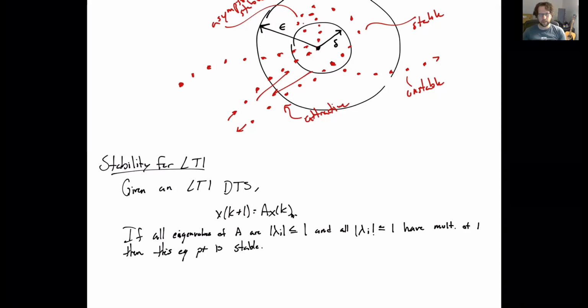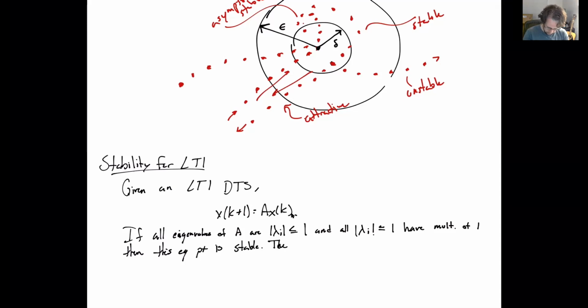So just like with a continuous time system, if you have an eigenvalue on the imaginary axis, we have marginal stability, right? But if you have all eigenvalues on the left half side, not on the imaginary axis, then we have asymptotic stability. So the same is true here.